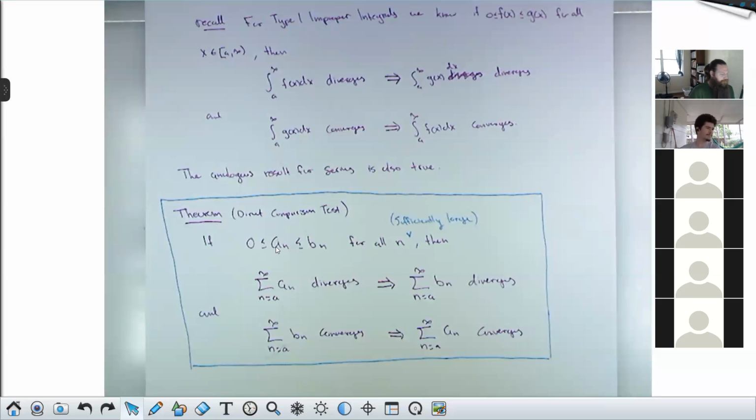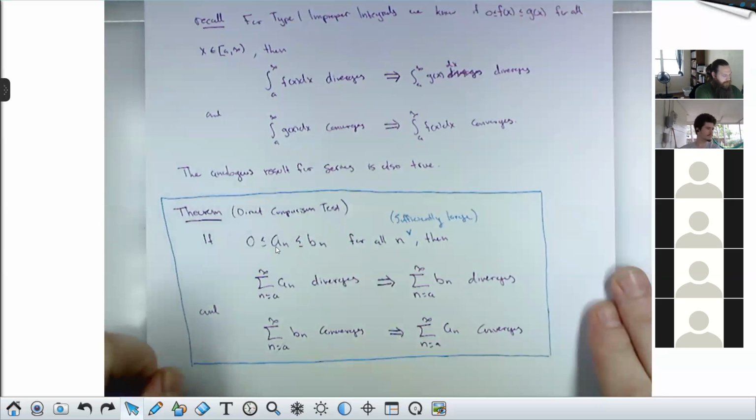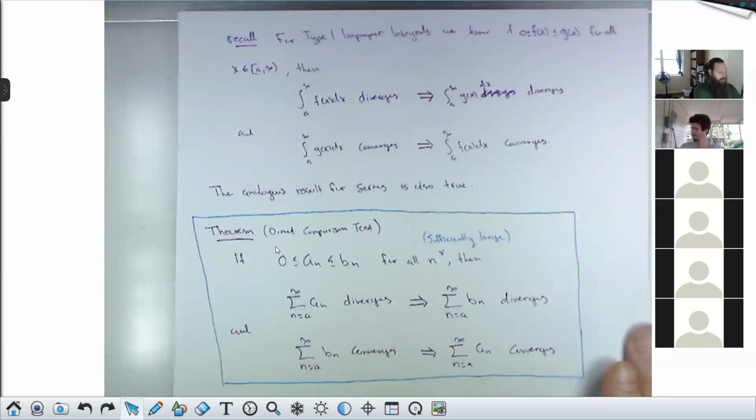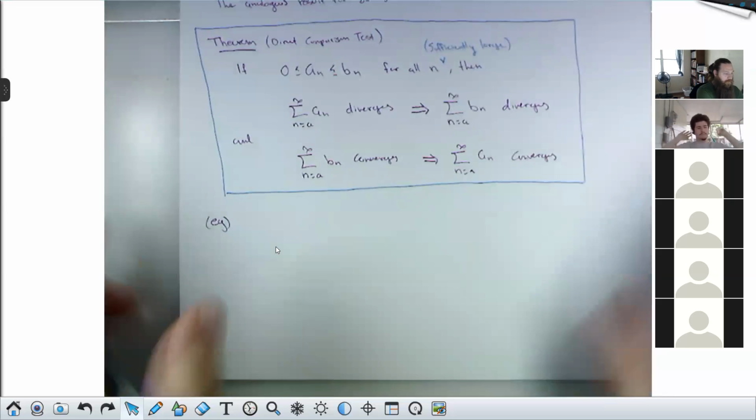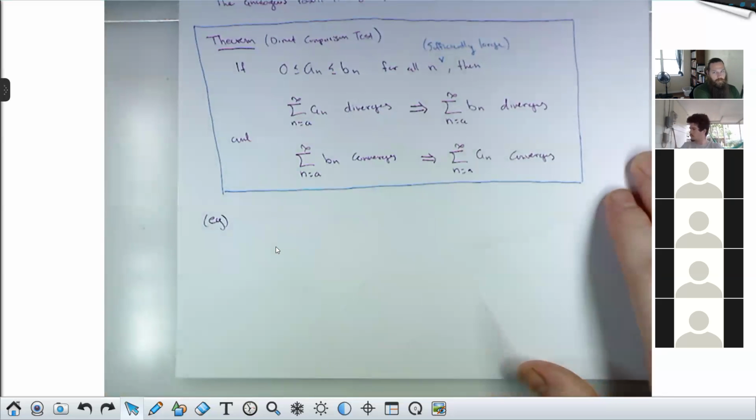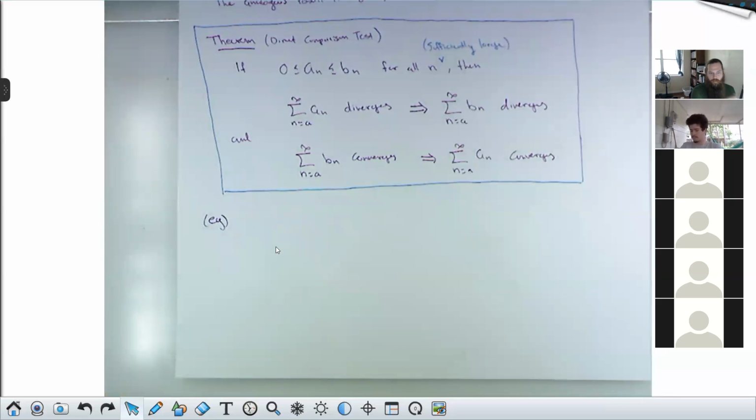All right. Example. How do we show that that's true? Well, just like the big deal in using the comparison test for type 1 improper integrals was building the inequality, here the big deal will again be building this inequality.